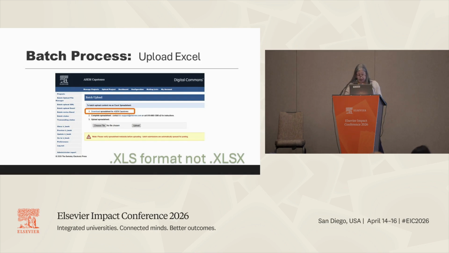I prefer the Excel process, which is spreadsheet work. It's straightforward, and you download an empty formatted spreadsheet that's tailored to the metadata for the series you're working with. You populate it with metadata, then re-upload.